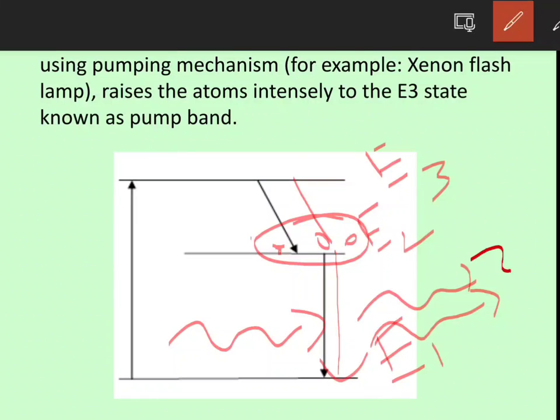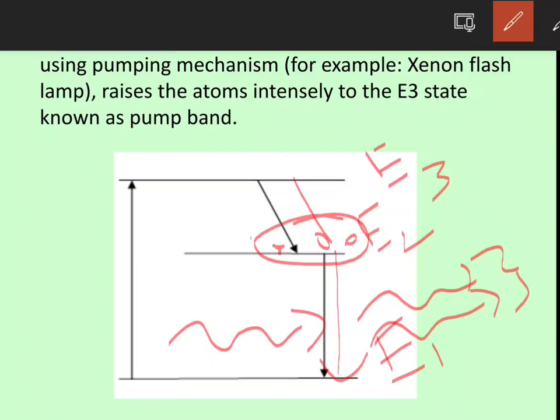Here this photon of energy is nothing but a radiative transition. Simply, this is the laser light. Already we discussed in the laser abbreviation, light amplification by stimulated emission of radiation. So whatever light is emitted in the stimulation process is nothing but laser light.